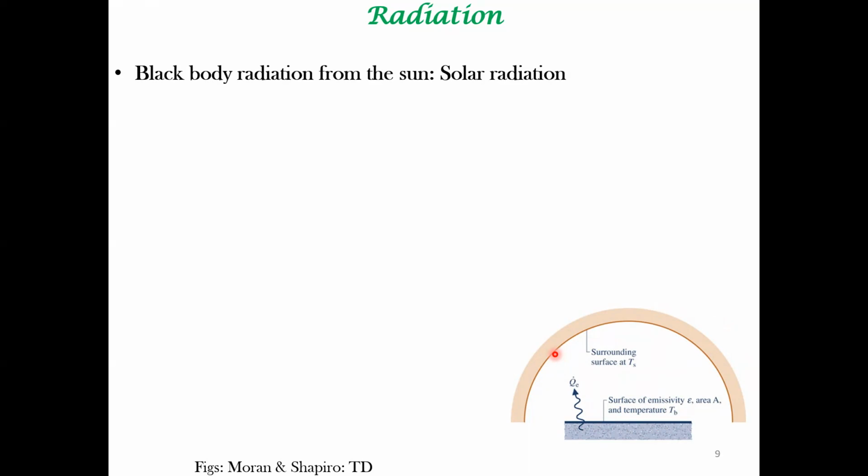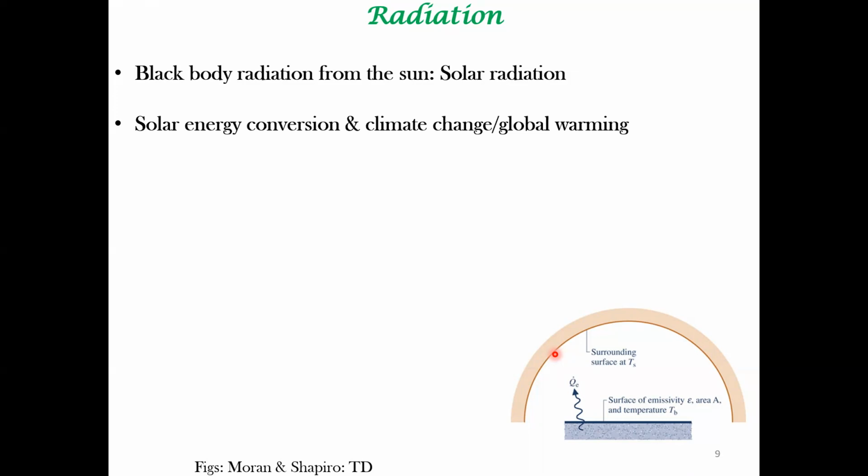So one kind of radiative heat transfer you might have already heard in your high school is called black body radiation. This is solar radiation because the sun is at about 5000 Kelvin, right? So this radiative heat transfer is very important when we address solar energy conversion, climate change, and global warming.